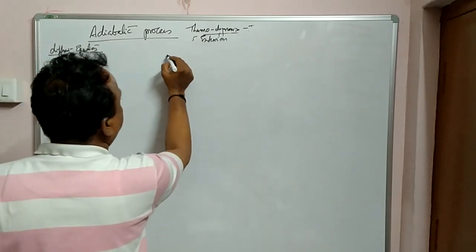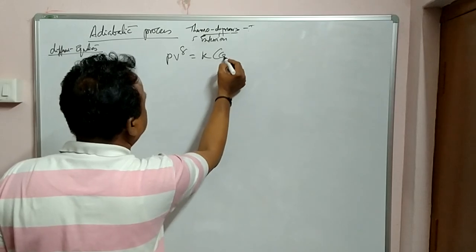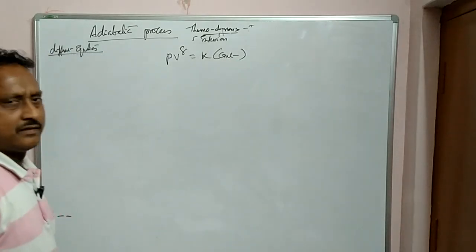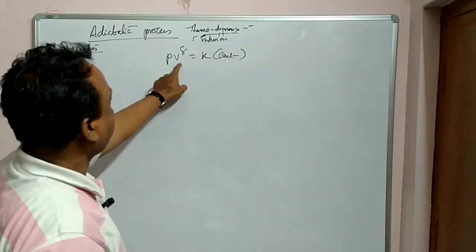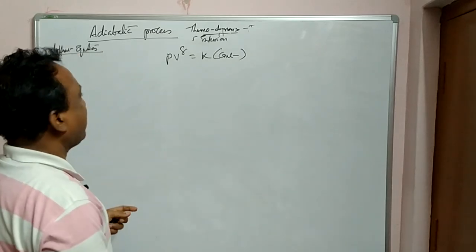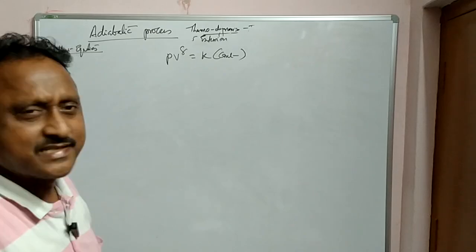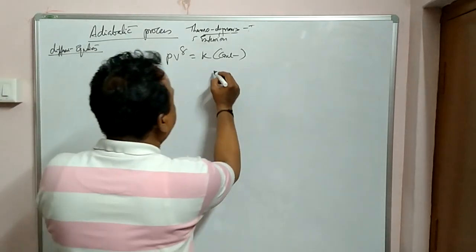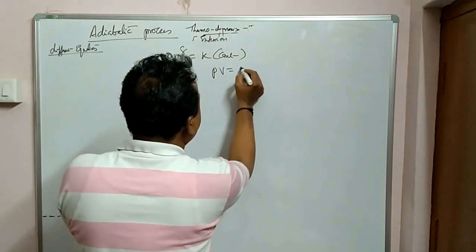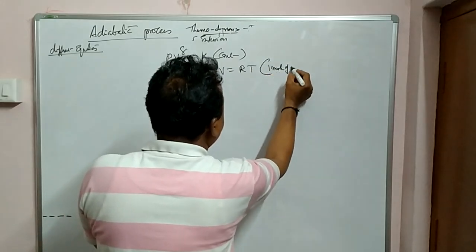We already know PV to the power of gamma is equal to constant. Clear? Here you can change the equation as and when required, because you know PV is equal to RT, the ideal gas equation for 1 mole of gas.